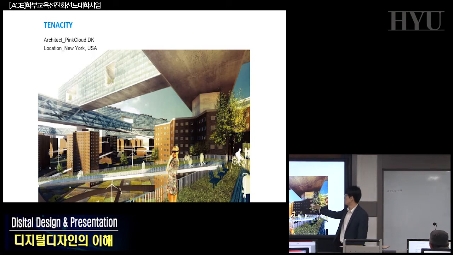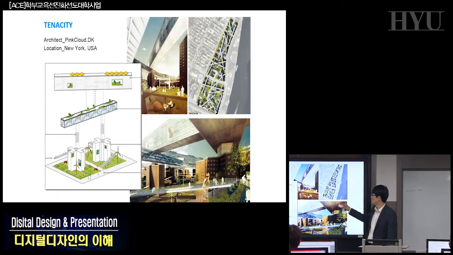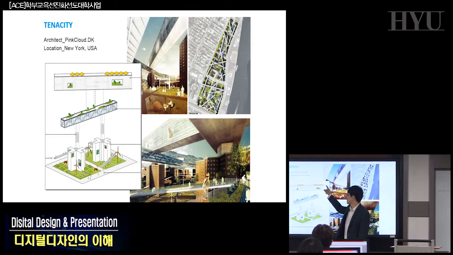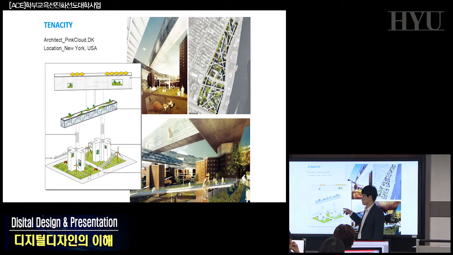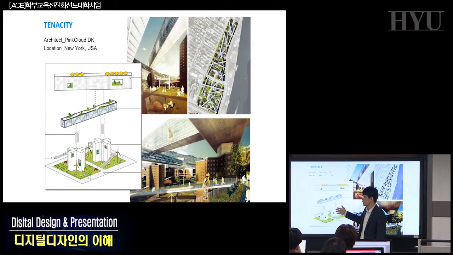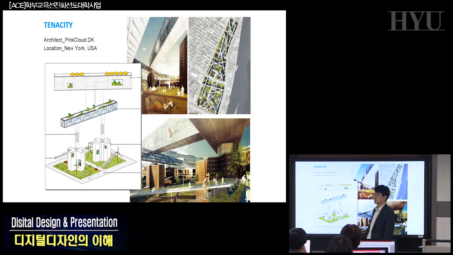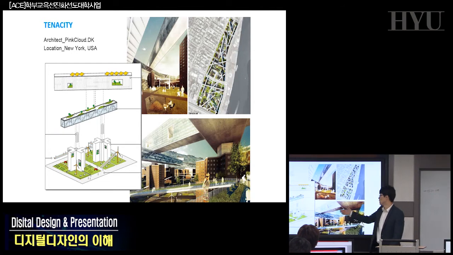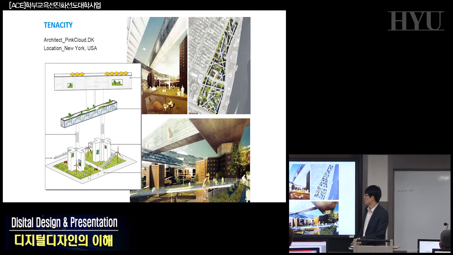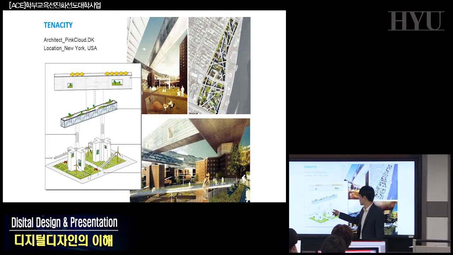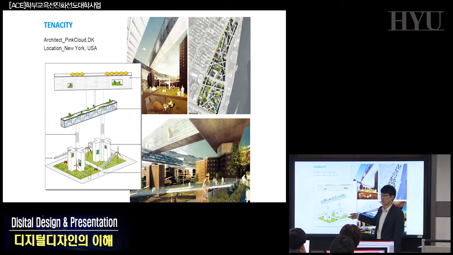It's not easy to figure out what it is, but when you see this line-based drawing diagram in 3D, now you can find out those two structures are a kind of connection, a bridge between buildings on top of existing buildings, something like that.